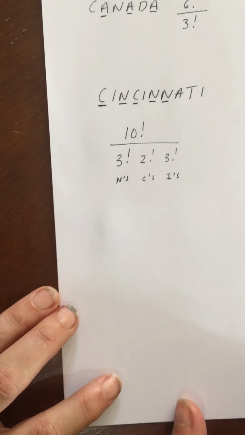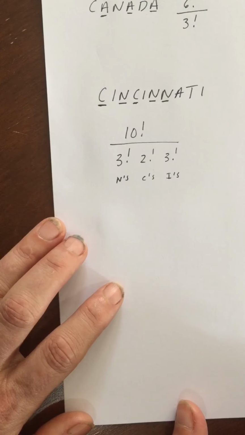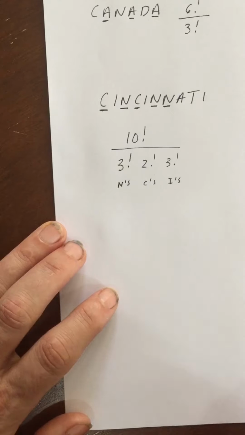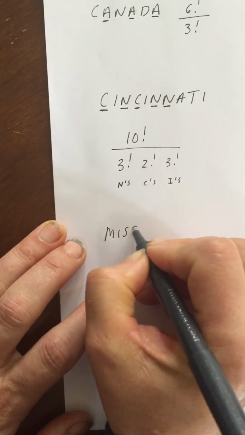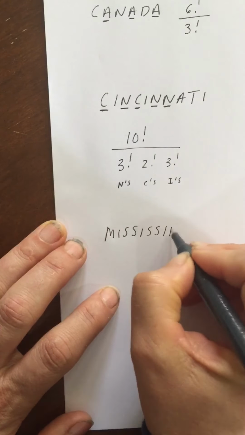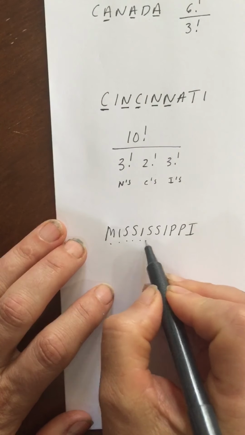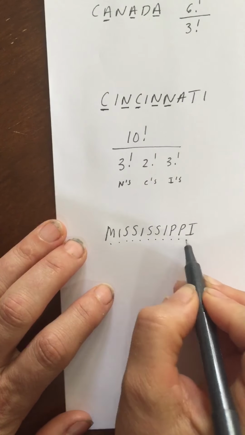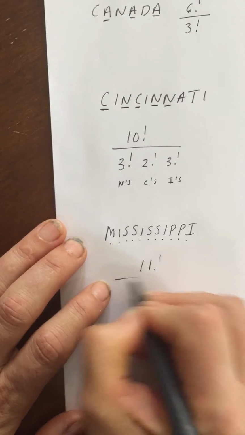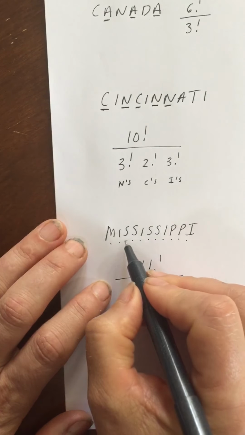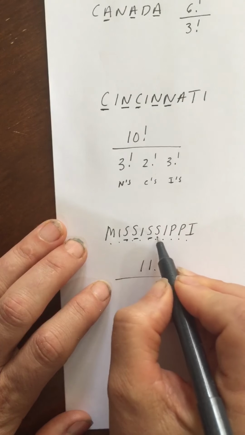Okay, let's do another one like that one. M-I-S-S-I-S-S-I-P-P-I. 1, 2, 3, 4, 5, 6, 7, 8, 9, 10, 11. So 11 factorial. Then let's count the S's. 1, 2, 3, 4 S's.